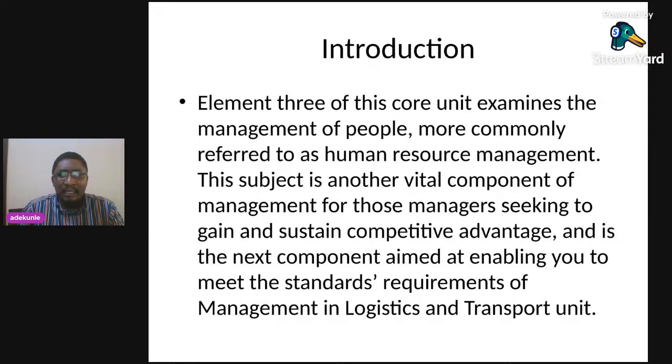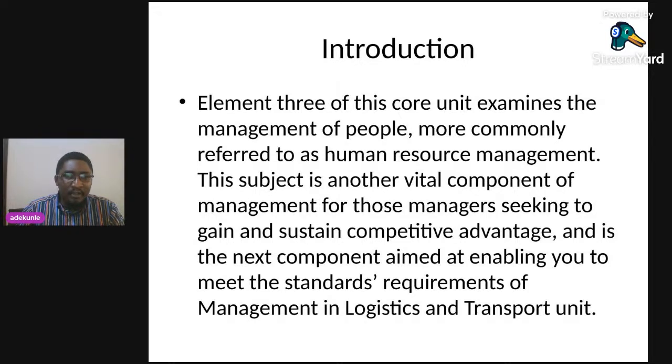Like I used to say, we have 4M that are the major tools that an organization needs. For instance, machine, materials, money. Of course, you need the last M, which is man, to manage the entire concept of an organization.